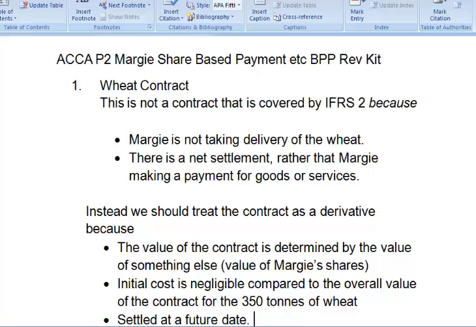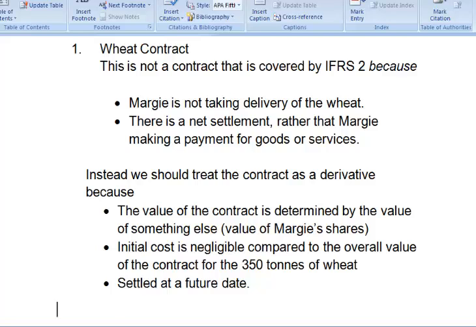at a future date. Can you see that every time I write one of these points, I'm trying to do it within my 2-line maximum? And because I'm separating out all my points, at the back of my mind, I'm looking to get 7 points approximately as far as the answer is concerned.